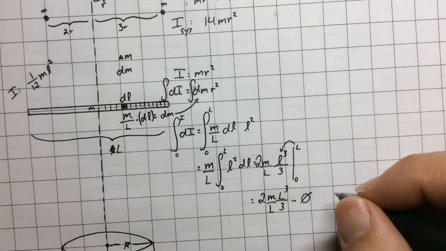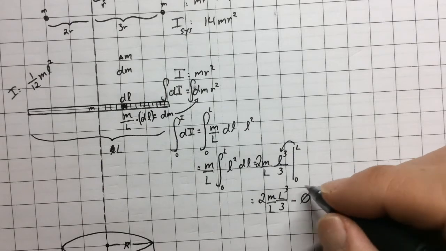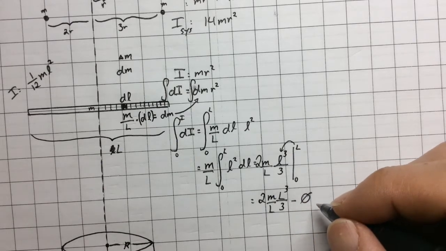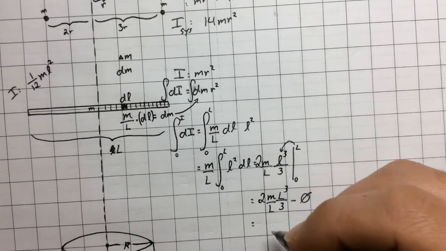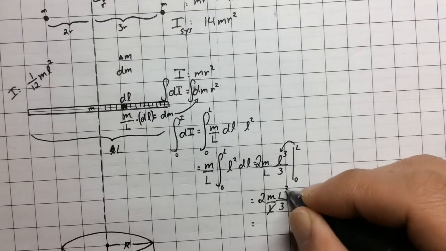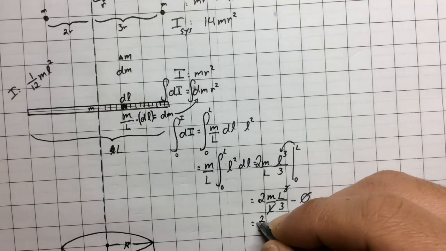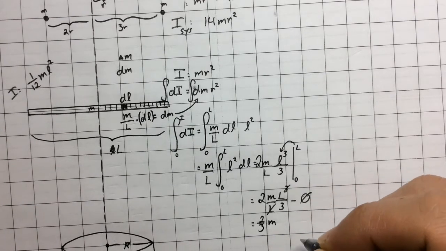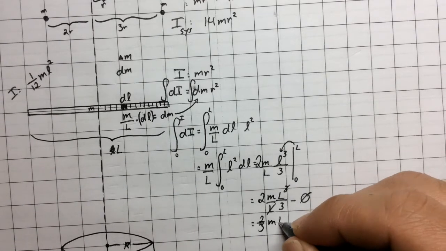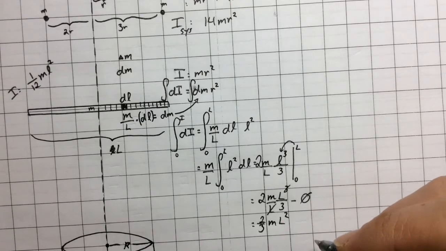Looking at this, what starts to cancel out? We've got L there. No, oh, she wants to go outside. We've got 2/3 m. Uh-oh, L squared. There's something wrong with this.